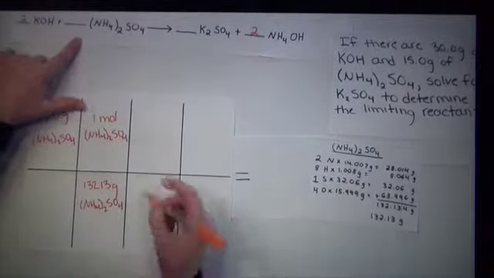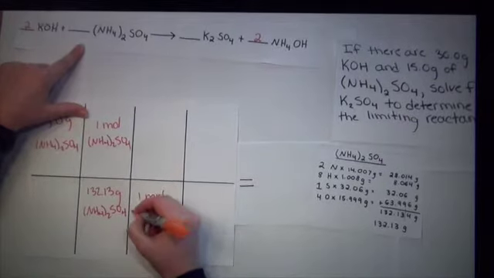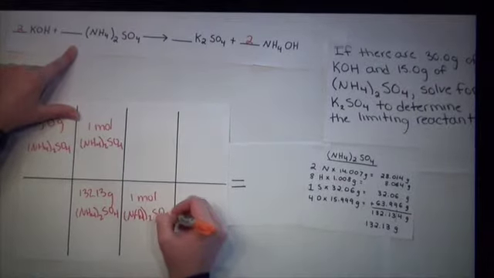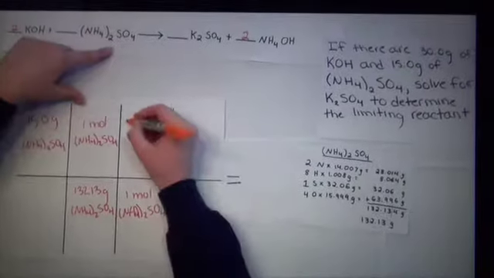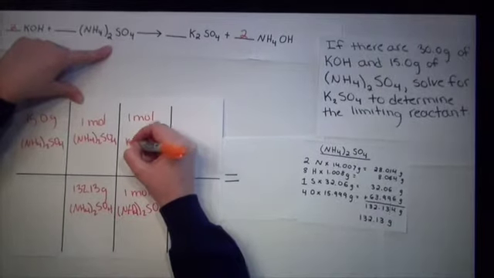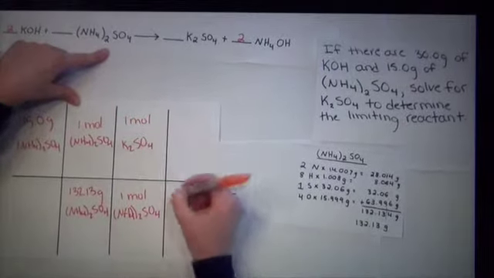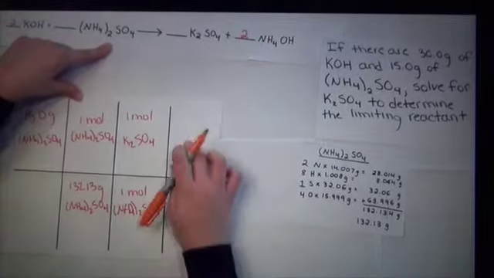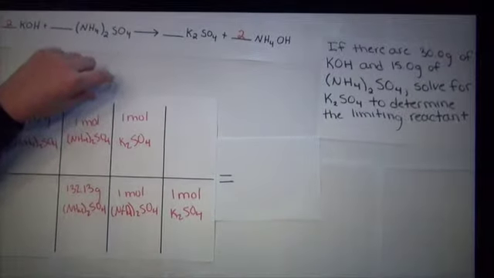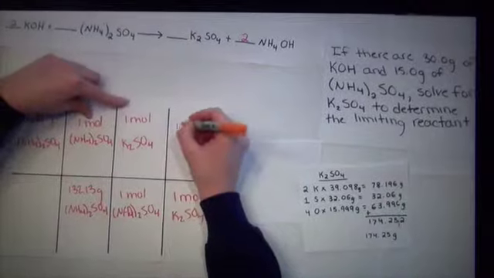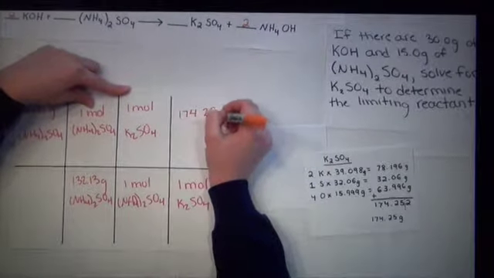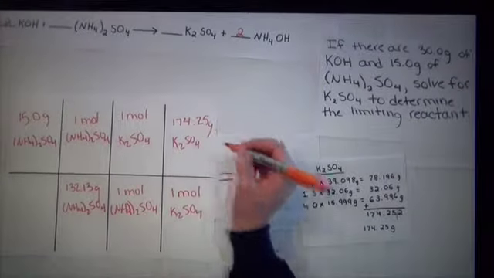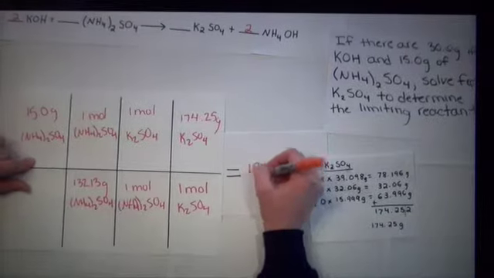Then we go back to our equation, and for every 1 mole of ammonium sulfate, we have 1 mole potassium sulfate, and we have for every 1 mole potassium sulfate, because now we have to go to grams, so this is the other molar mass we just dealt with, 174.25 grams potassium sulfate, and once this is all multiplied out, we end with 19.78.